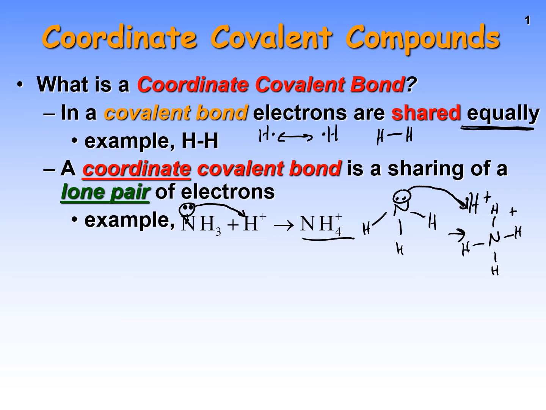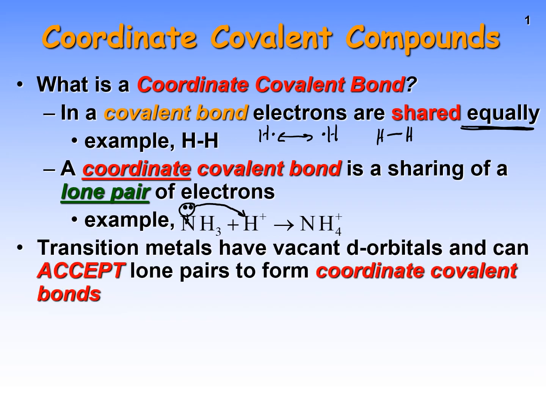Now, this is how most of our complexes are formed with transition metals. It doesn't have to be a transition metal, as I showed with the nitrogen here, but most of the time this occurs with transition metals, because transition metals can accept lone pairs into their vacant d orbitals, forming coordinate covalent bonds.